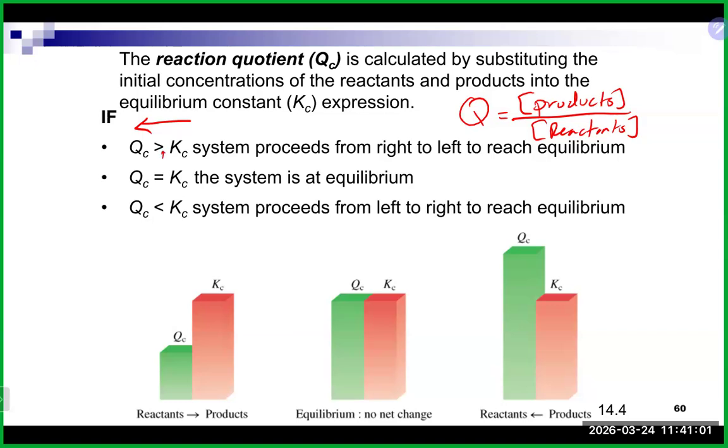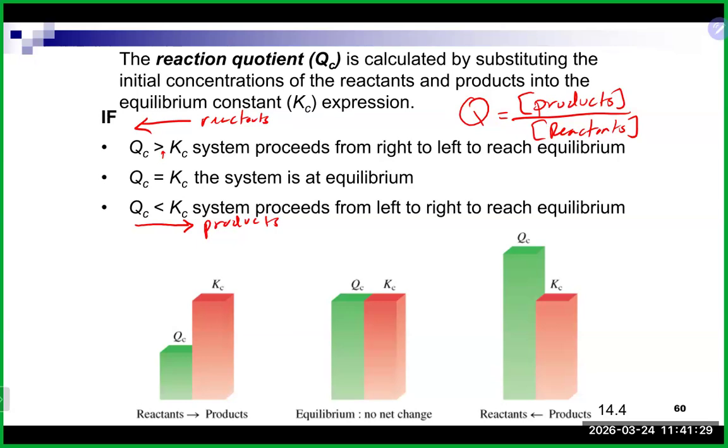If you calculate Q and it equals the equilibrium constant, congratulations, you're at equilibrium. If you calculate Q and it's less than the equilibrium constant, again, you're not at equilibrium, and in order to reach equilibrium, it needs to make some products as opposed to reactants.